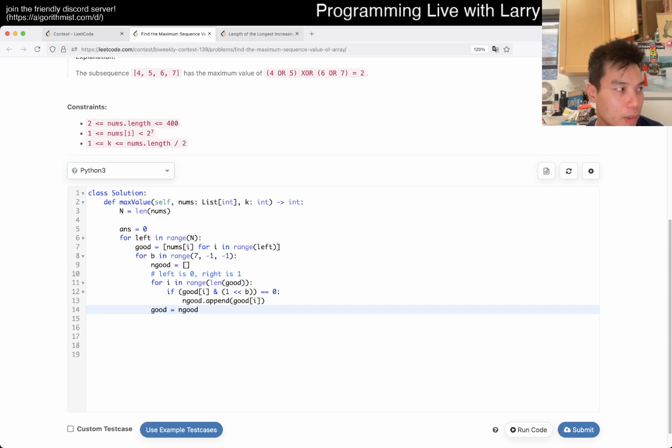So now we keep track of the good numbers on the left. Right, we should be able to find at least 1. Am I doing fast enough even? Okay. Good on the left side.